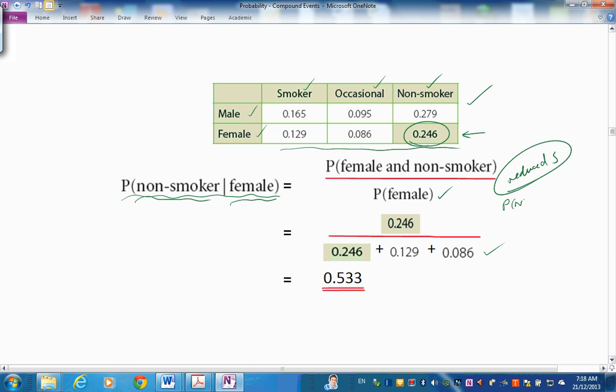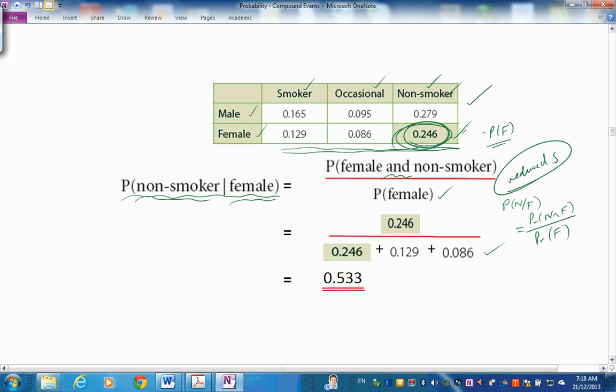Probability of non-smoker given that female equals probability of non-smoker intersection female over the probability of female. Okay, so here female and non-smoker is the intersection, which is this group here. It's got to be a non-smoker and a female out of the total here. This is probability of female in the whole line. For the sum here, I'll put this in.